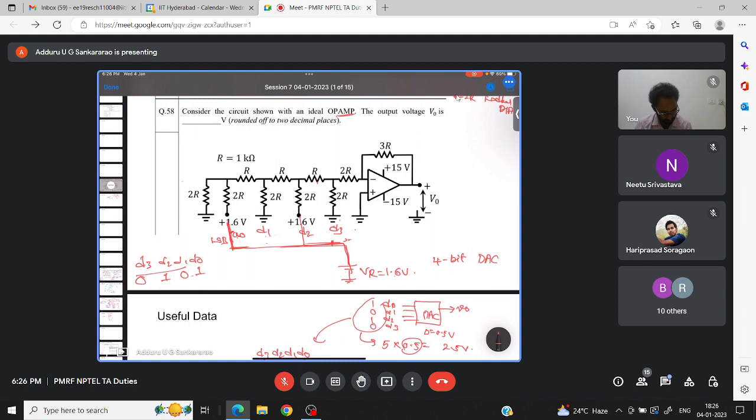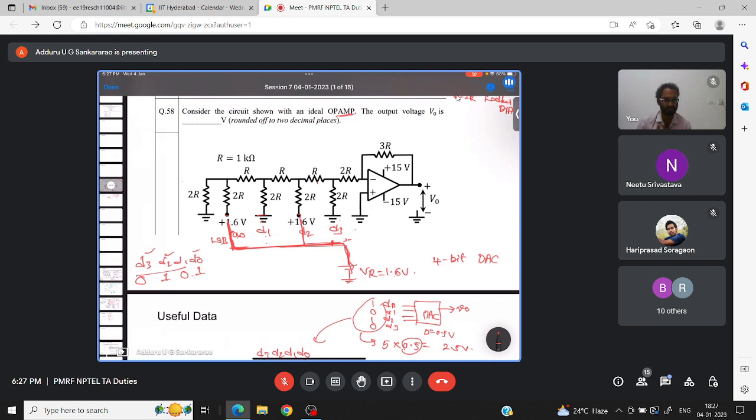You got it? So this one LSB, and then D2 and D0 are connected to the reference voltage, and D1 and D3 are connected to ground. In general, what will be the output we will see. Based on that, we will find out for this.